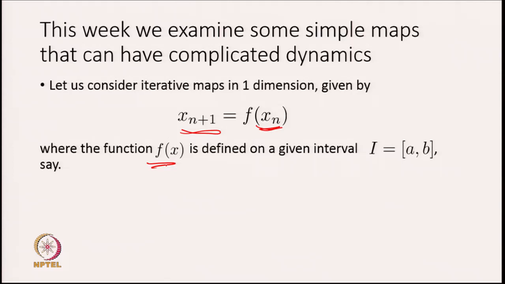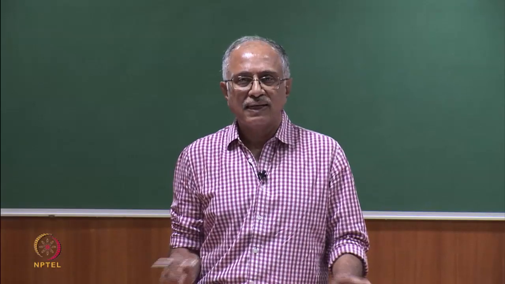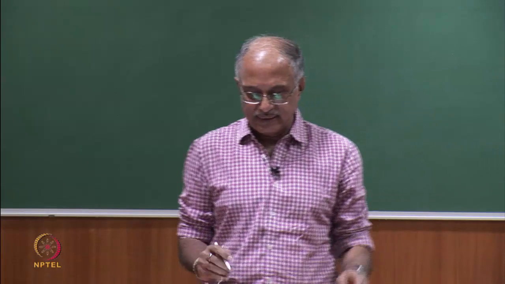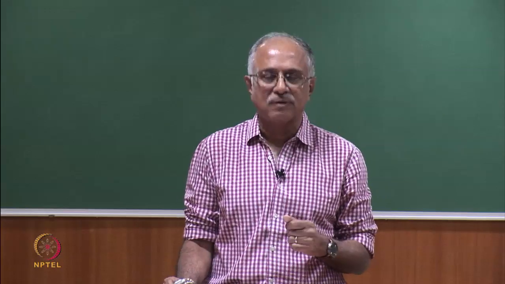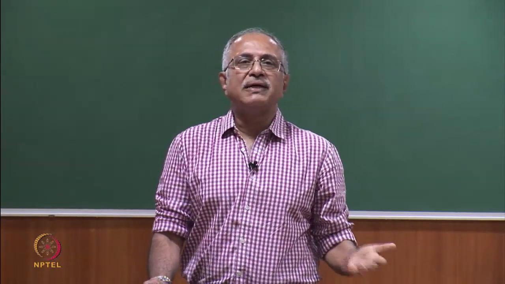This function f(x) is defined in some domain. In 1 dimension, maybe it is defined on an interval. Let us consider the simplest case where it is defined on the interval from a to b, a closed interval in this example. Different examples can be drawn. Now, what are we going to be interested in?